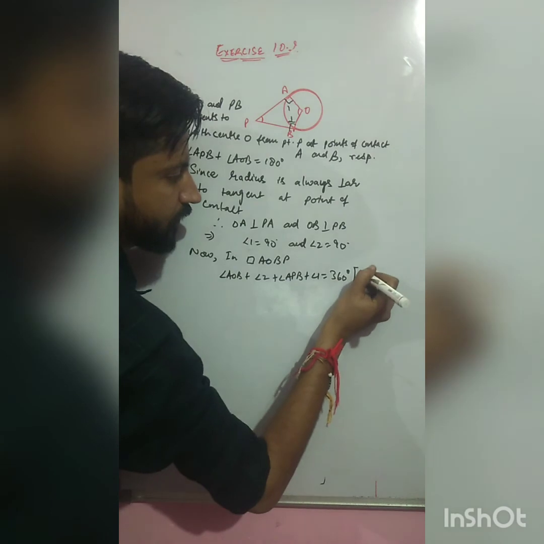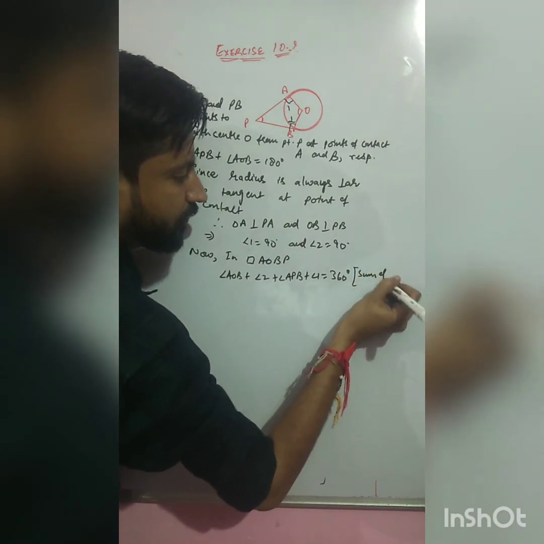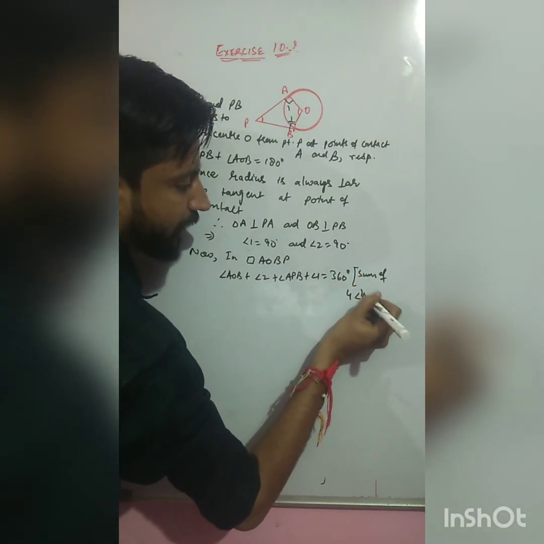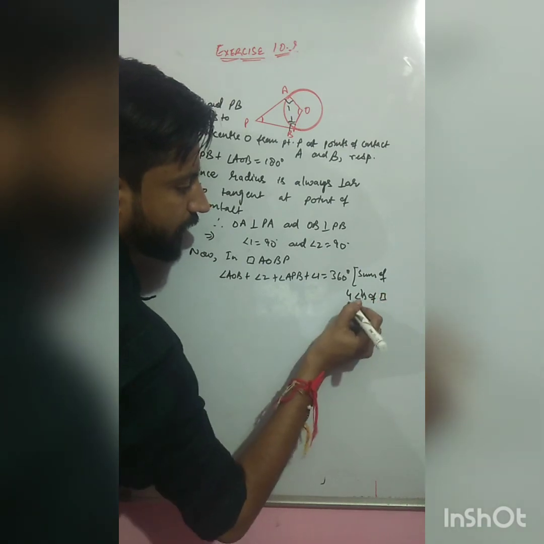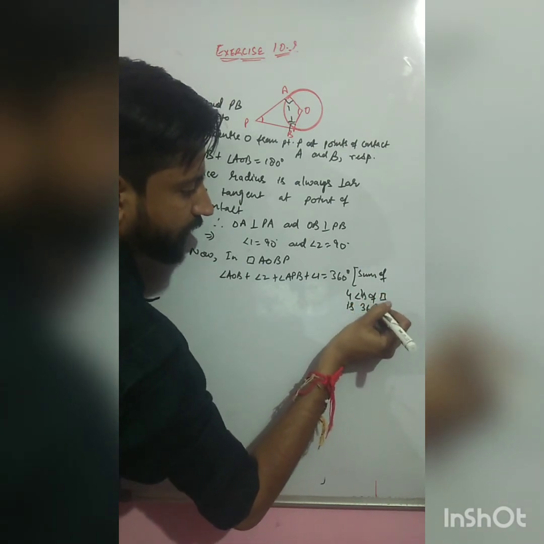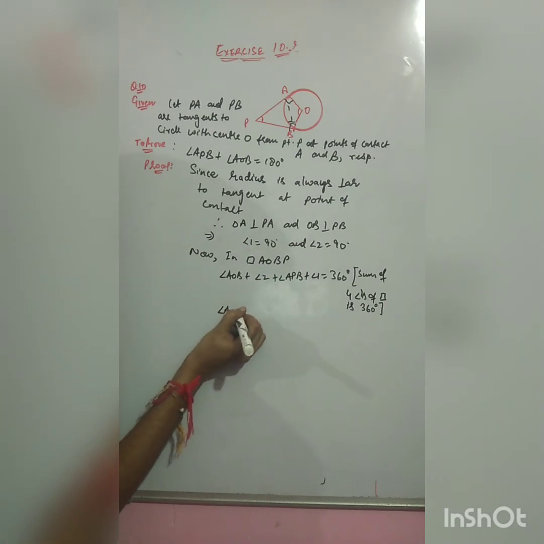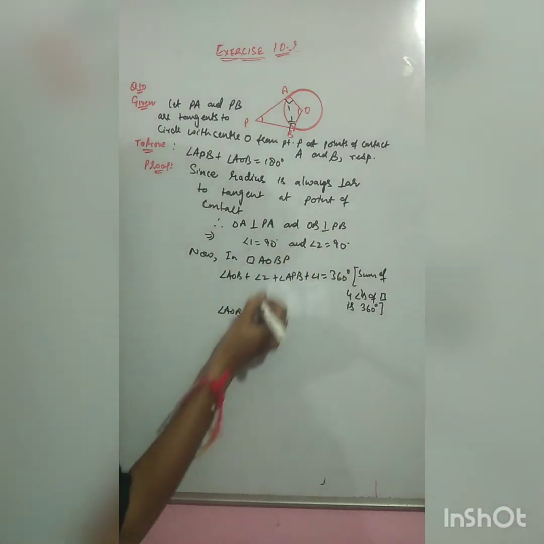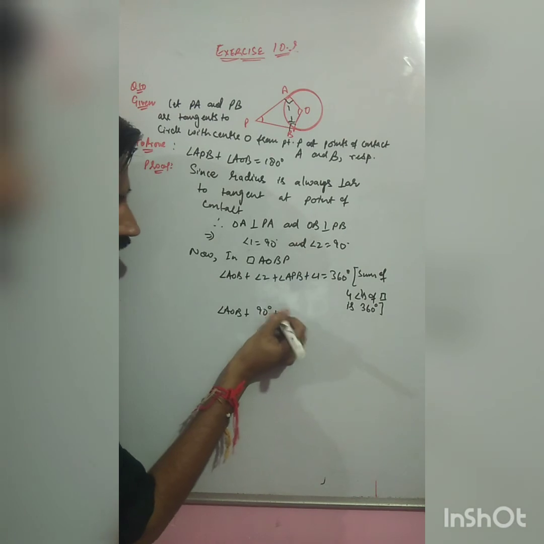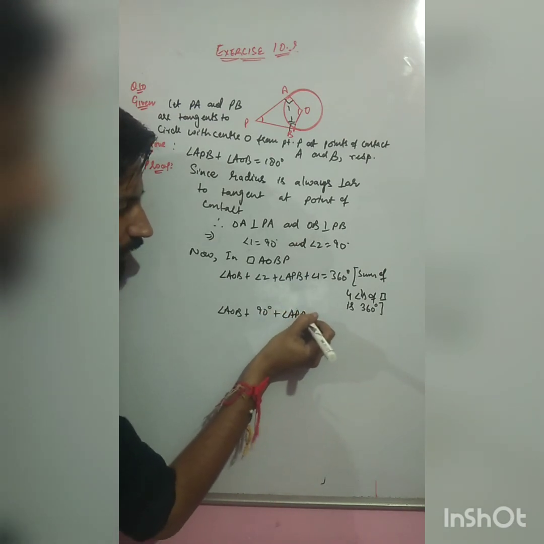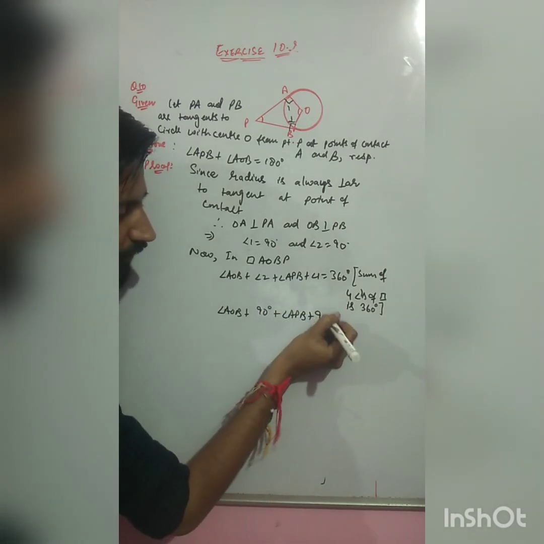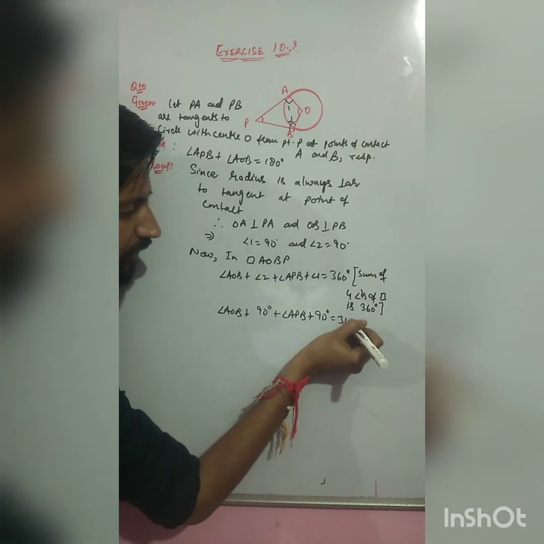Reason? The sum of 4 angles of a quadrilateral is always 360 degree. So AOB plus angle 2, which is 90, we have proved, plus APB plus angle 1, which is also 90, we have proved, is equal to 360 degree.